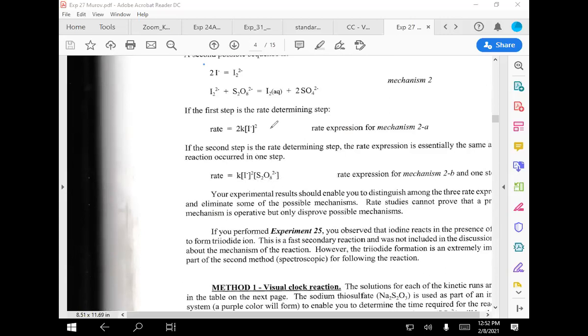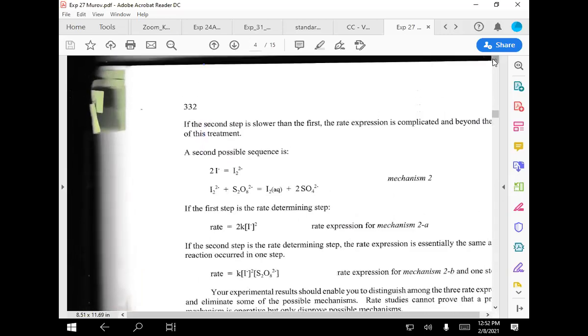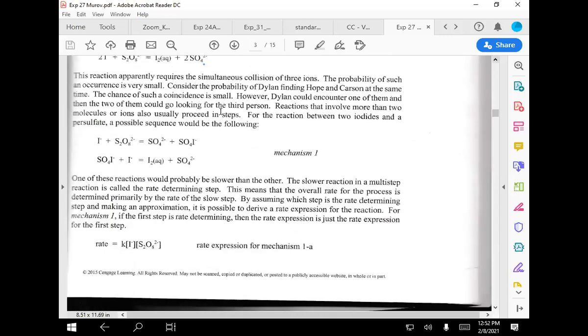If it's zero order in thiosulfate and second order in iodide, this is your rate law. And if it's first order in iodide and first order in thiosulfate, then this is your rate law. You have three possible rate laws. Looking at the data, you're supposed to figure out which rate law it is, and then answer all the post-lab questions.